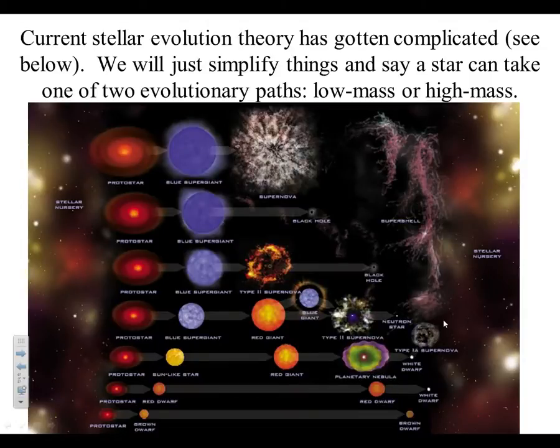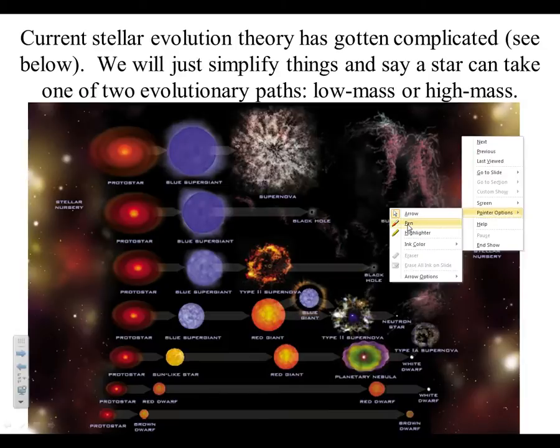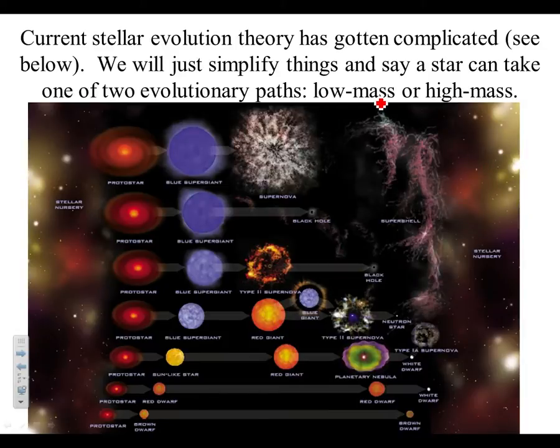As you see from this picture, there are many possible tracks now that we think a star might go through as it evolves from its start as a nebula to its final result. We're going to try to make it simple, and we're just going to do two paths. So we're going to say there's two options. Well, realistically, there are more. The two paths we're going to do: low mass one.